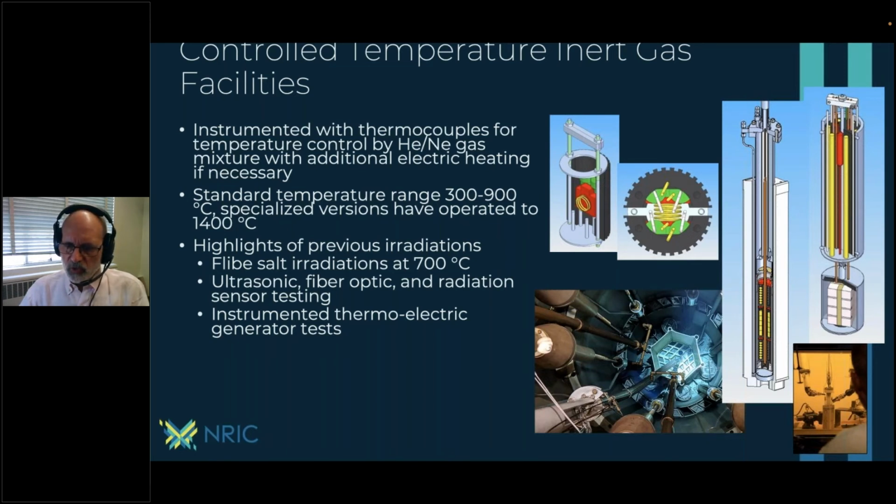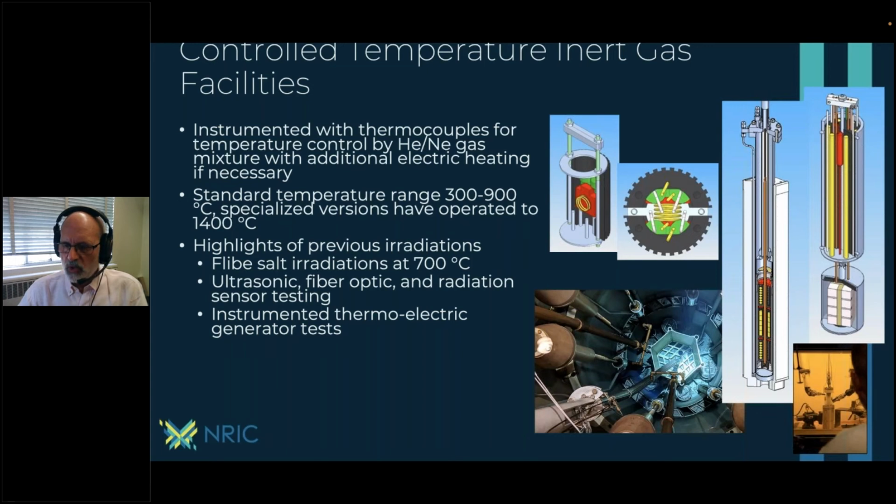But we also do a lot of work on instrumentation. You see an example on the right, a system that was used to test fiber optic sensors. We've also tested a lot of ultrasonic sensors, and you see also in that far right picture an idea that we often use of piggybacking just a materials irradiation test onto an instrumented sensor test.